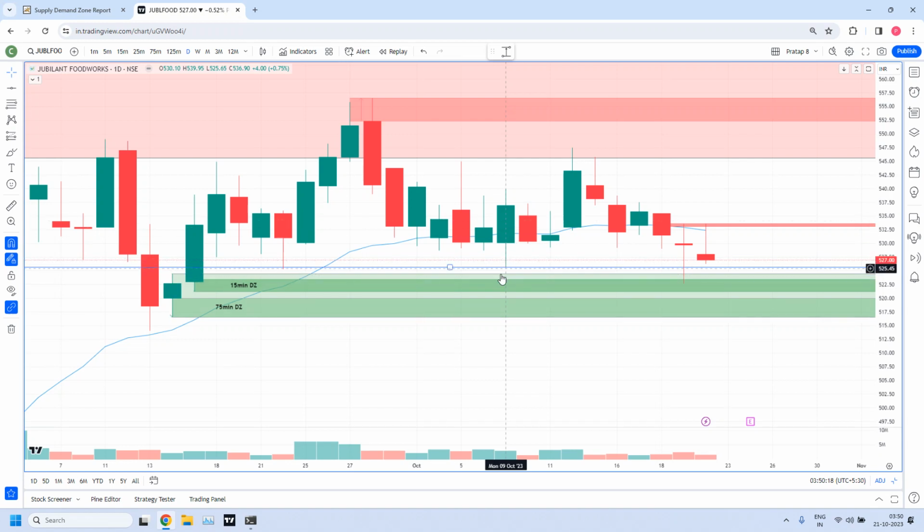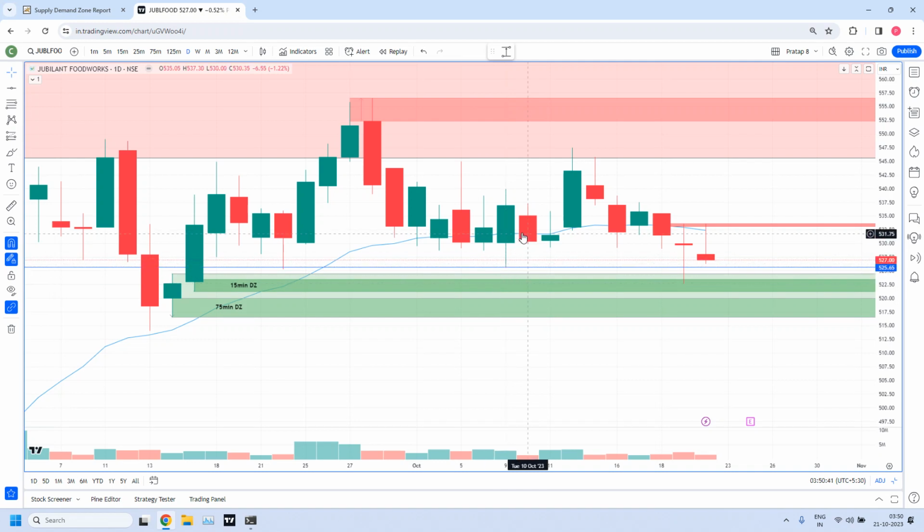Now imagine if I had taken an entry exactly at this blue color area, assuming my risk is manageable from here to here, down to just below this 15 minutes demand zone I have drawn. Just assume for the time being. So by assuming that, I took an entry here.